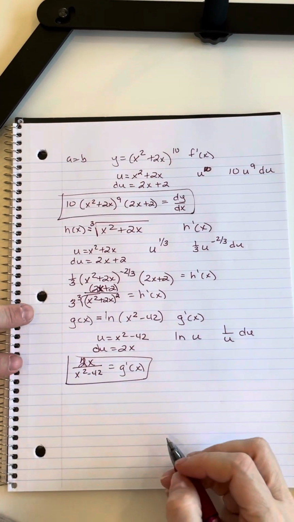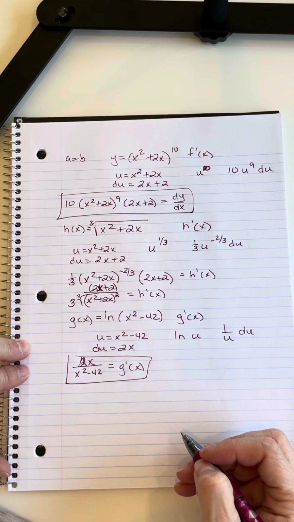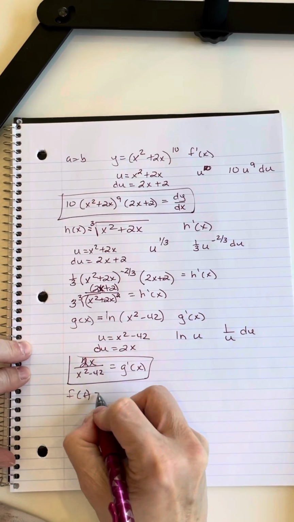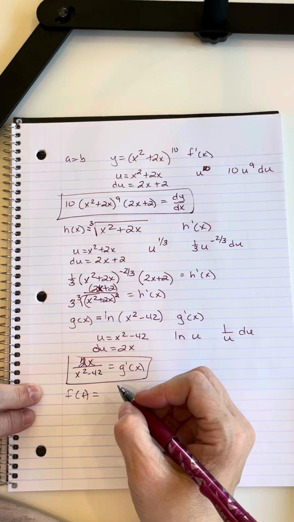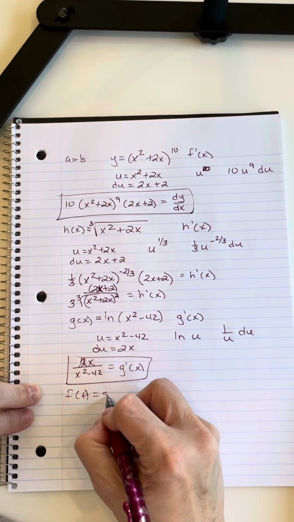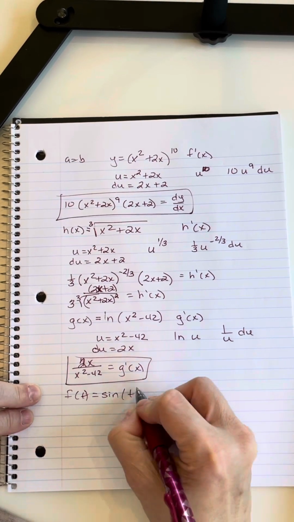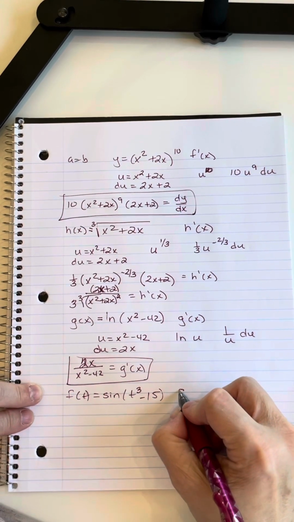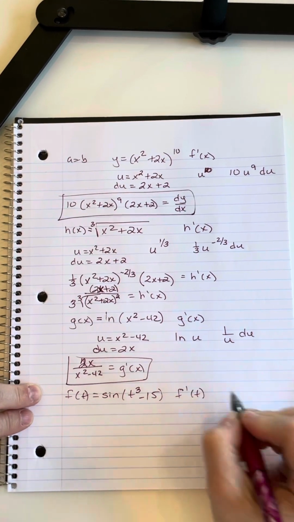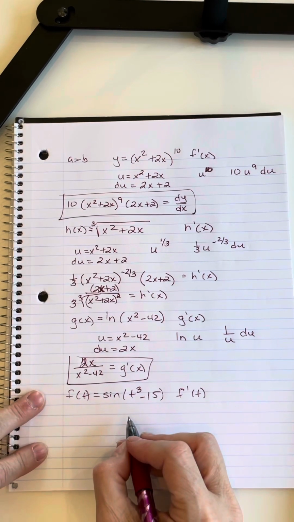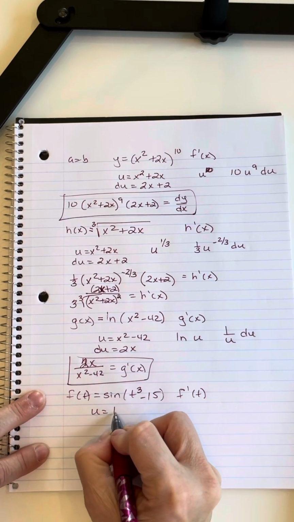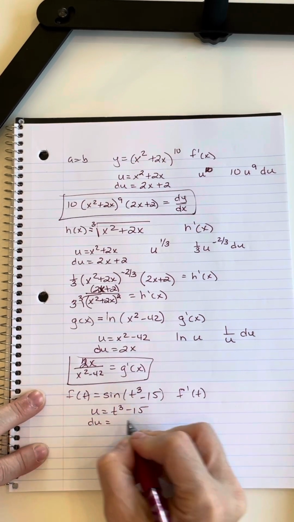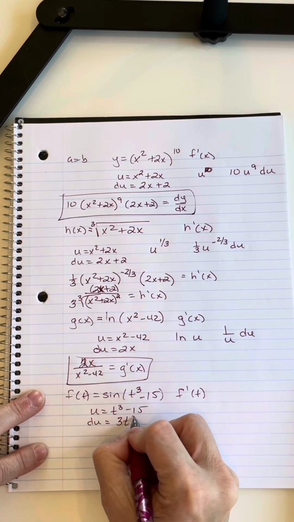Now, example 4. If the f equation is f of t equals sine of t cubed minus 15, find f prime of t. So we are going to set our u equal to t cubed minus 15, derive it, and get 3t squared.